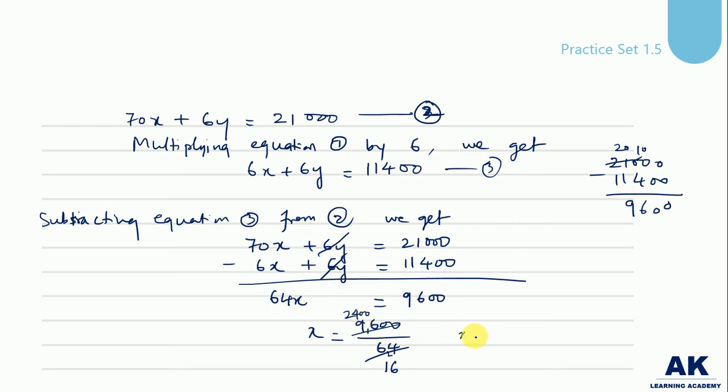So we will get x is equal to 2400 upon 16, right? Let's again divide this by 4. 4 4s are 16, 4 6s are 24 with two zeros. 4 ones are 4, remaining is 2. So 20, that is 4 5s are 20, and remaining here it is 0, right? So x is equal to 150, right?